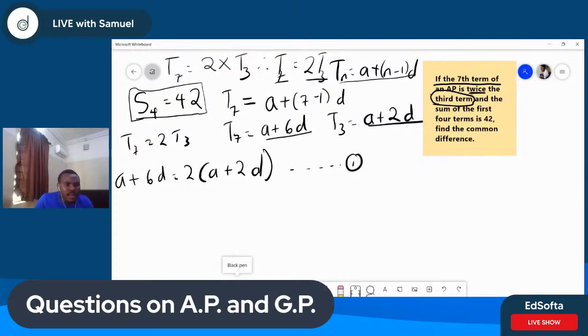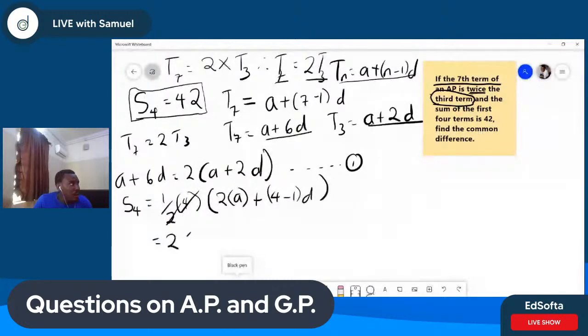Now let's go back and look at the S4. We know that S4 is what? Half into bracket 4. From our formula from the beginning, if you have been following, 2 into bracket A, we don't know A, plus 4 minus 1D. So this can cancel this.